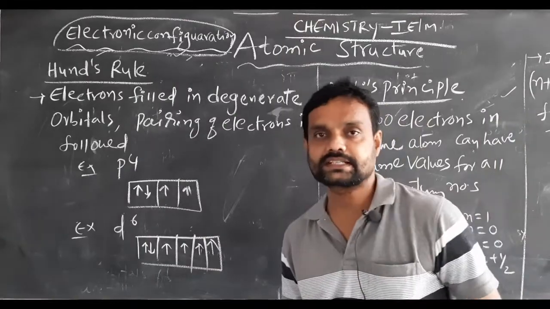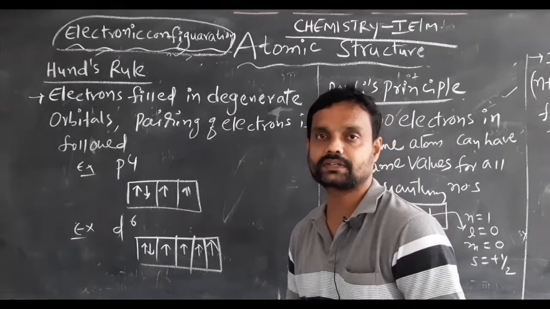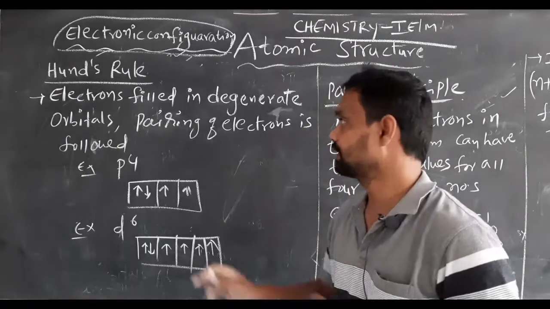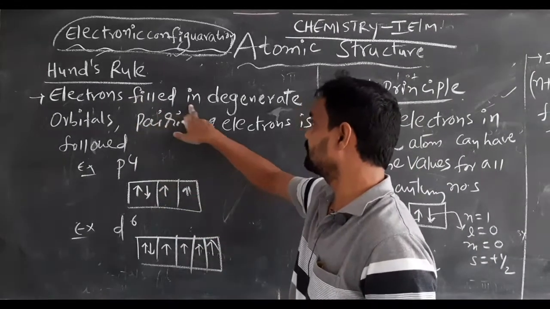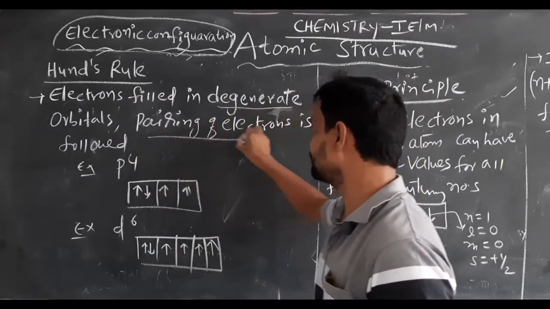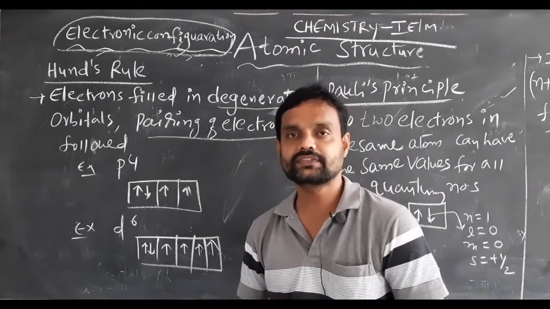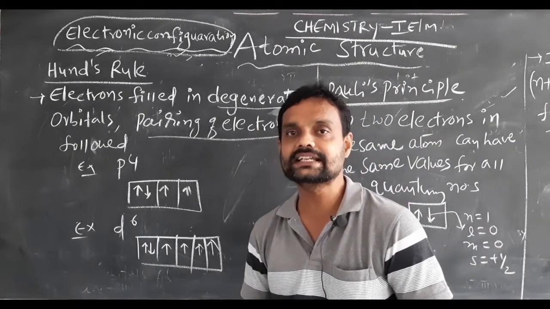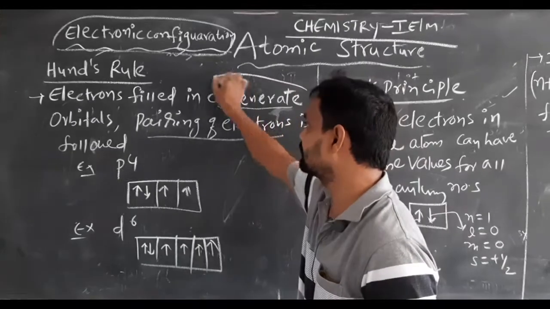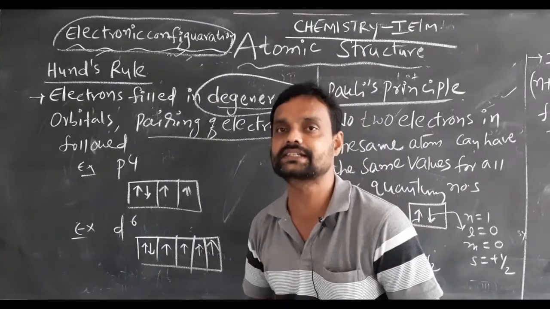Students, next we discuss the remaining two rules, that is Hund's rule and Pauli's principle. Hund's rule is a simple concept. When electrons are filled in degenerate orbitals, pairing of electrons is possible only later. Degenerate orbitals are orbitals having the same energy.